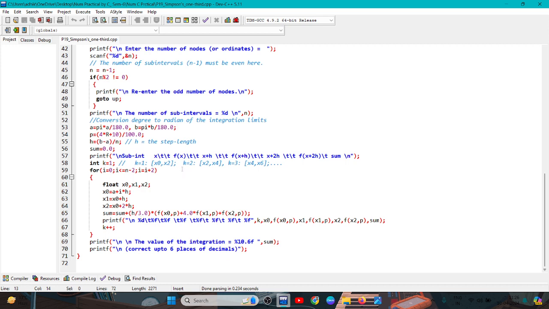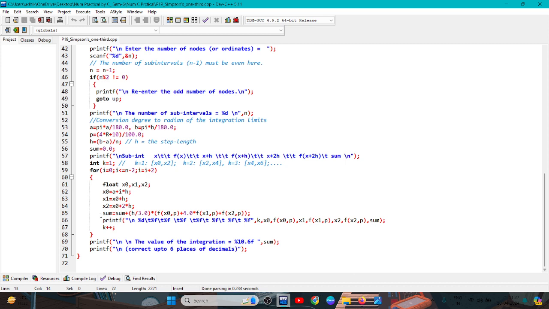When k equals 2, we go to the next subinterval x2 to x4, and i equals i plus 2, so i equals 0 plus 2, that is, i equals 2. So i equal to 2 means the new x0 equals a plus 2h. Actually the new x0 is x2, x1 is actually x3, and x2 is actually x4 when i equals 2.